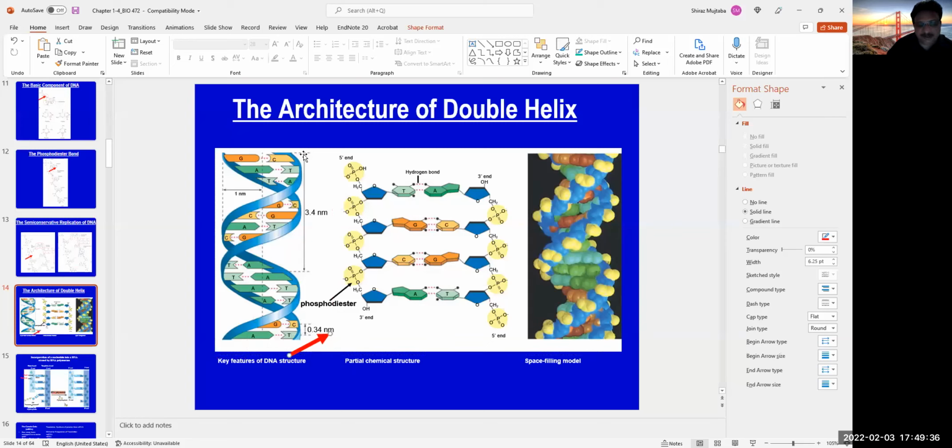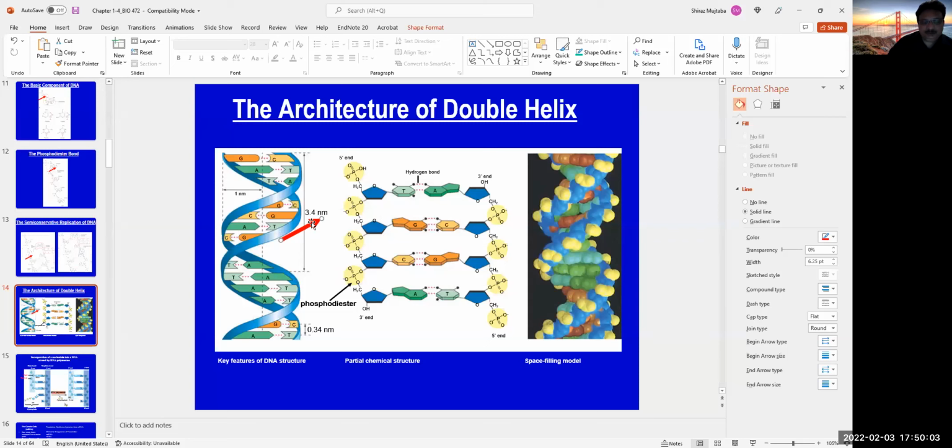DNA is a helical molecule, so from this end, going to here is one turn. And within one turn, there are 10 nucleotides. So 10 multiplied by 0.34 nanometers, so one turn, the length is 3.4 nanometers, right? And if you're calculating in angstrom, then you just multiply by 10.